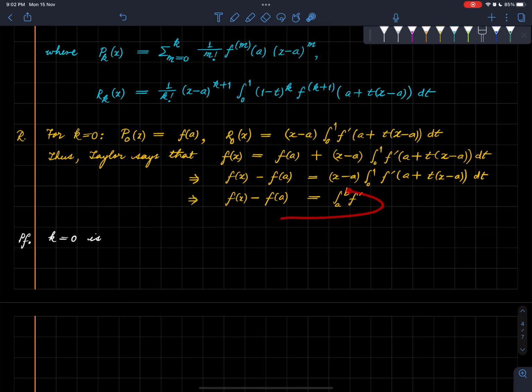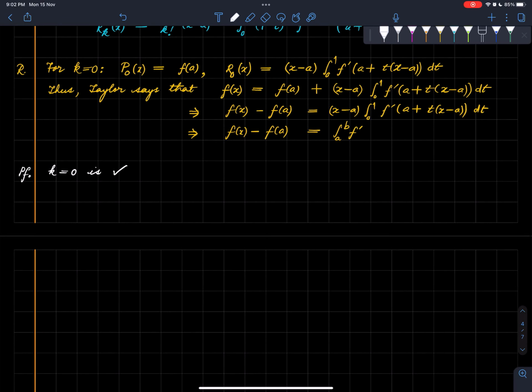Given this statement for continuously differentiable functions, k equals 0 is settled, and we will do it by induction. So assume the theorem holds for some k. We will prove it for k plus 1.